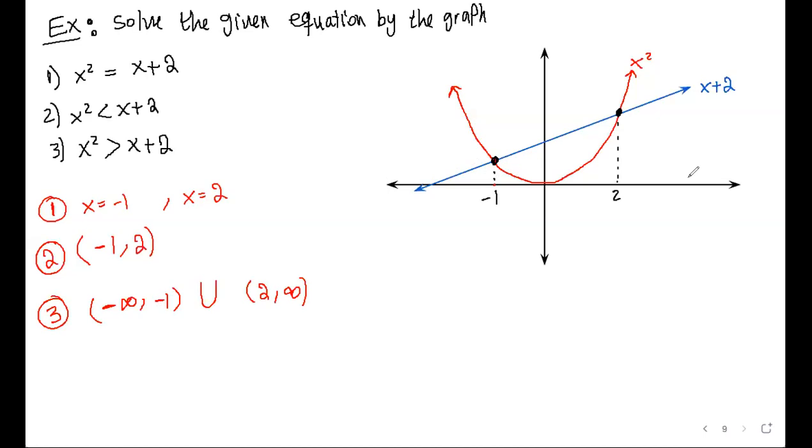The 2 in the open interval comes from the x-axis. We're looking for the x values. The solution is always the x values. This is coming from the x-axis.